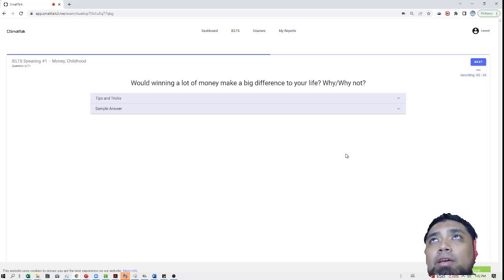The problem is that sometimes we already have our money management, and I will try not to buy something that is out of my budget. So even though I win a lot of money, I will just put it into the bank or something, so I can use this in the future, or I will invest it in some things like gold or something like that.